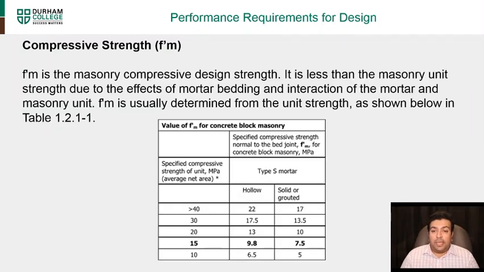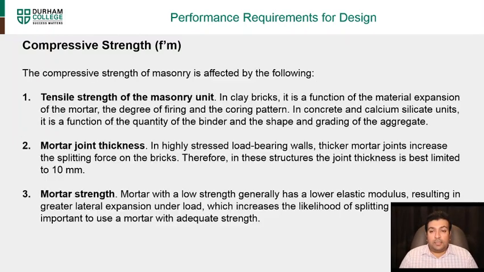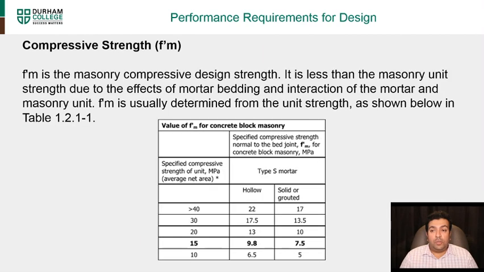So here's a table that shows the f'm values from the CSA standards. f'm is the masonry compressive design strength. It is less than the masonry unit strength due to the effects of mortar bedding and the interaction of mortar with the masonry unit. As we can see, the compressive strength of the unit block itself is different from f'm.